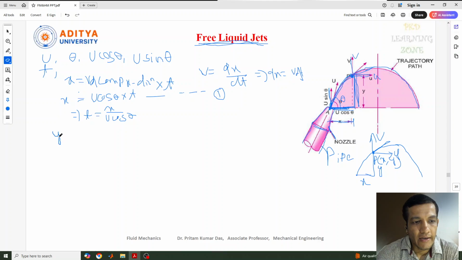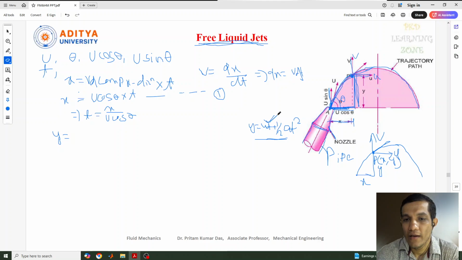Now similarly, we need to find the distance traveled in the y direction. So again I can write y equal to the velocity component in the y direction into time. Here we need to subtract, because we know the formula s equals ut plus half at square, for the vertical direction, since in the vertical direction we have the impact of gravity.